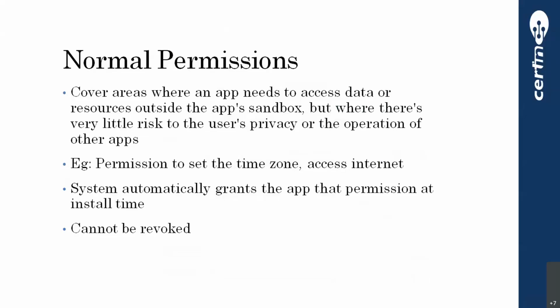In all these cases, we call them normal permissions. And these are the permissions which are shown to you at the time of installing the application. And these permissions, once you have granted them and the application is installed, cannot be revoked. So you cannot change this setting. If you want to revoke all these permissions, basically you will have to uninstall the application altogether.